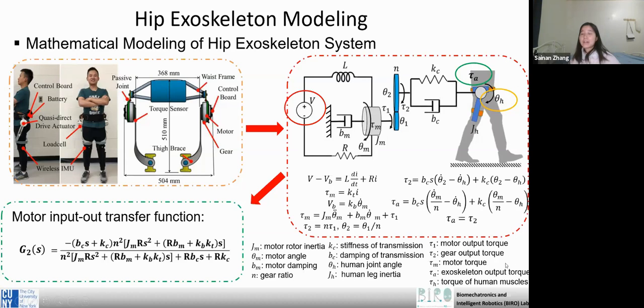Tau a is the exoskeleton output. It is how much torque can assist the human. So when we analyze the modeling, we should consider two cases.